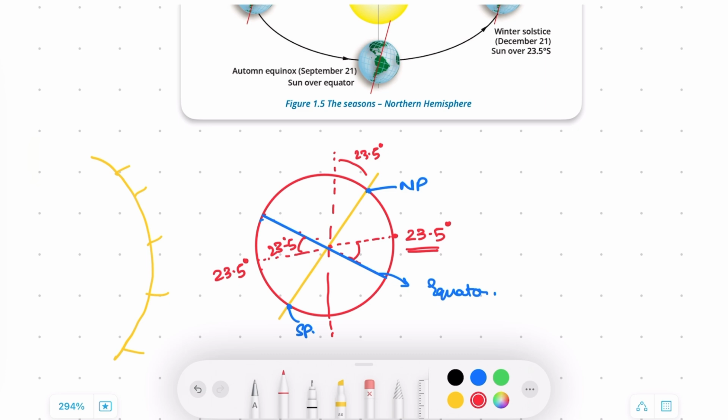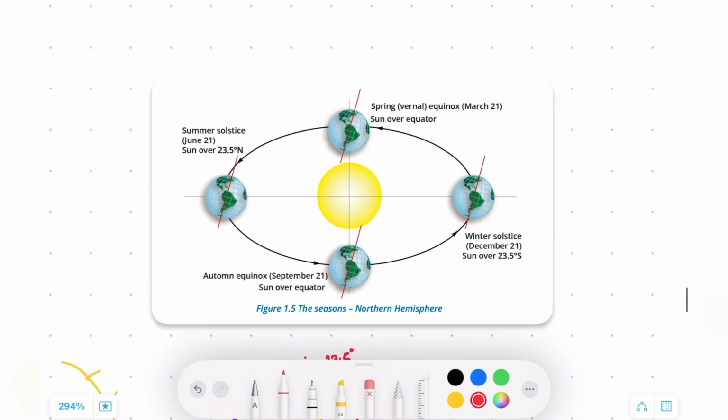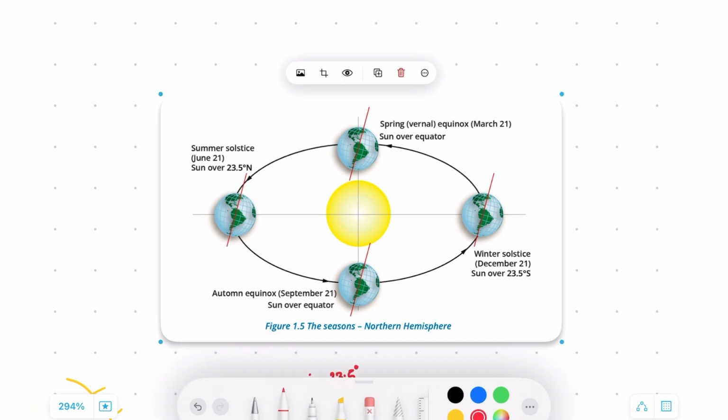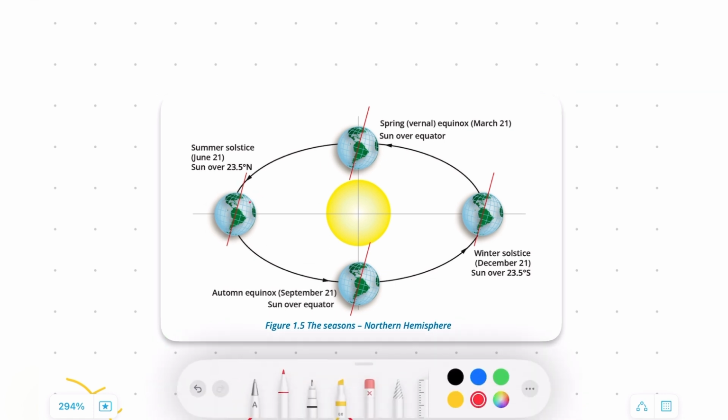Now, if you observe this picture, you'll realize what I'm talking about. This position is the diagram I had drawn first, saying that 23.5 degrees north would be where the sun would be maximum, and in this case it would probably be 23.5 degrees south.